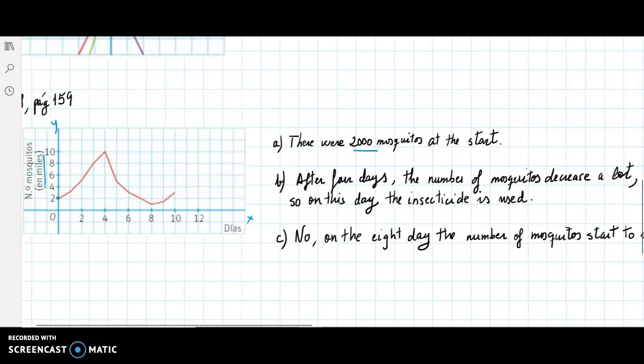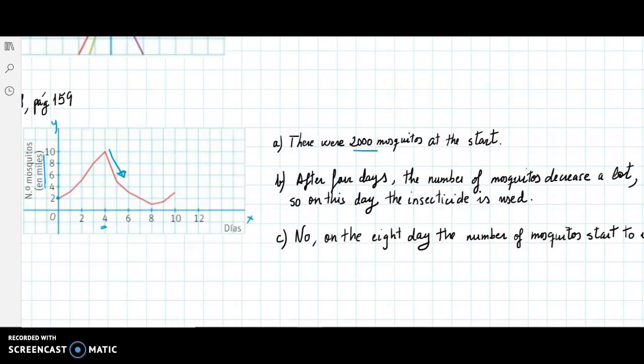The second question is, when was the insecticide used? If we see the 4th day, the number of mosquitoes decreased a lot.